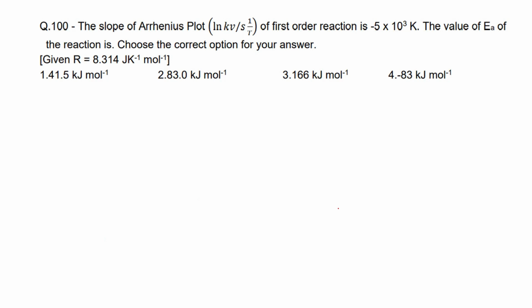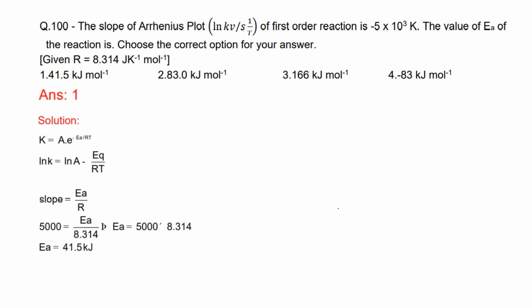We know the Arrhenius equation, we just need to apply the formula to get the answer. So this is the equation: log K is equal to log A minus Ea by RT. Ea is the activation energy, and we know that Ea by R is the slope.